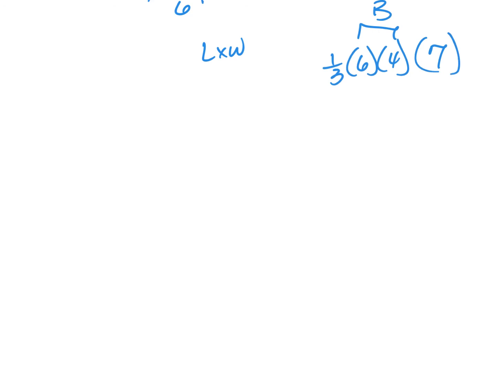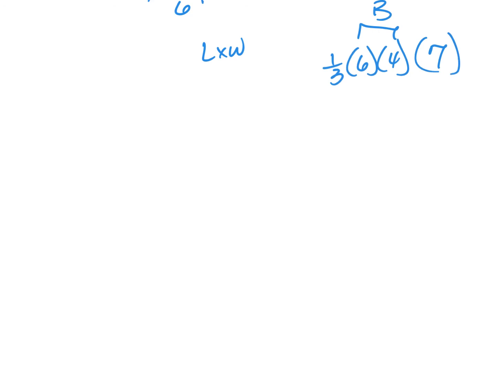So the area of the base would be length times width of this. So let's say this is 6 times 4. And let's say the height is 7, okay? It would be 1/3 times (6 times 4), which would be big B, times the height, which is 7, okay?